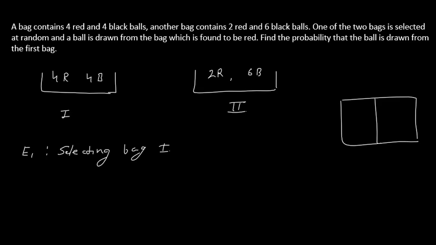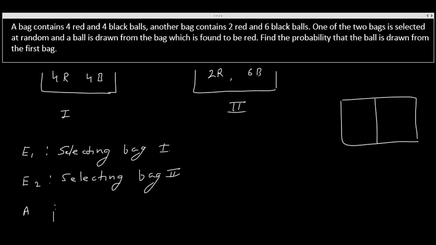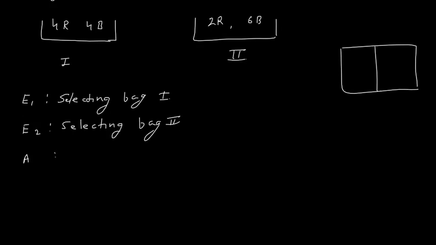And E2 is the event of selecting bag 2, and I will define A as the event that a red ball is drawn from the bag.